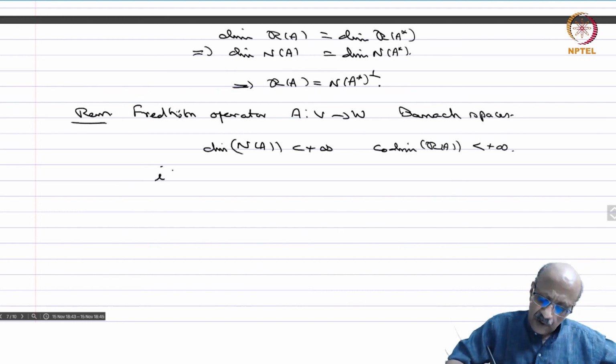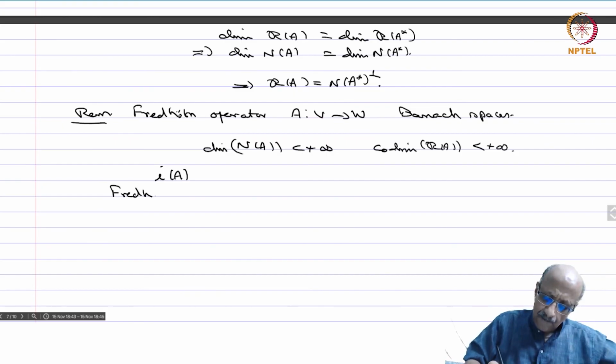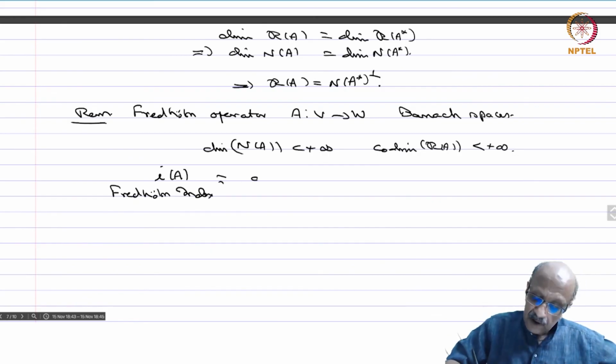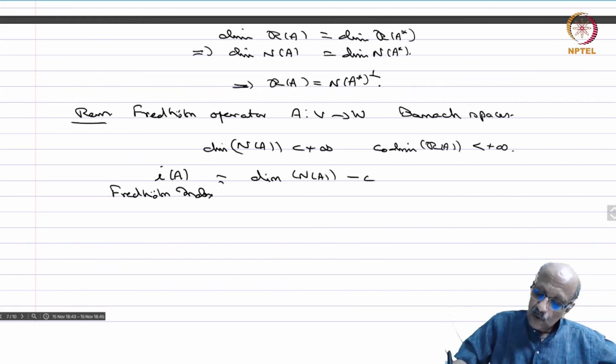Then it's called a Fredholm operator, and you call i(A) the Fredholm index, equal to the dimension of N(A) minus the codimension of the range of A.